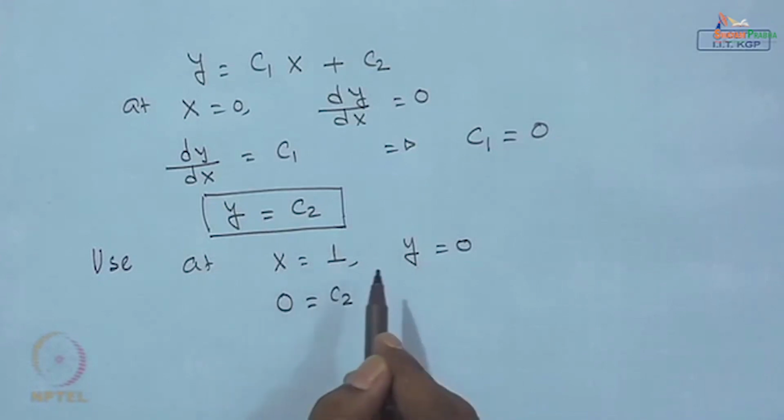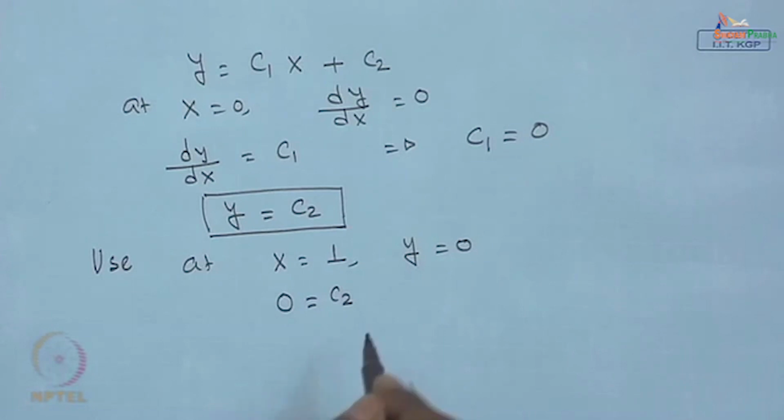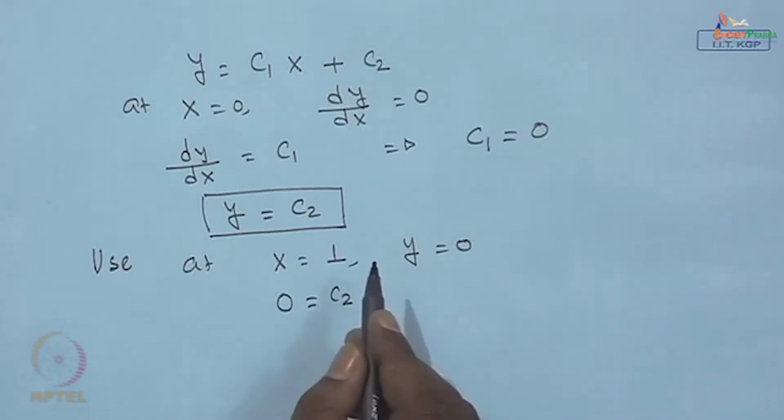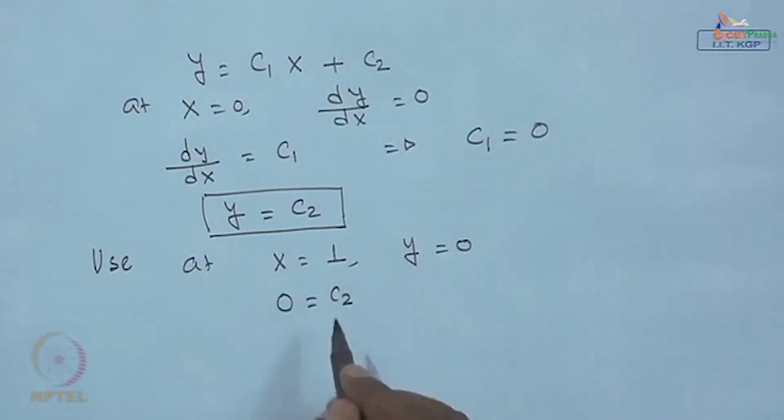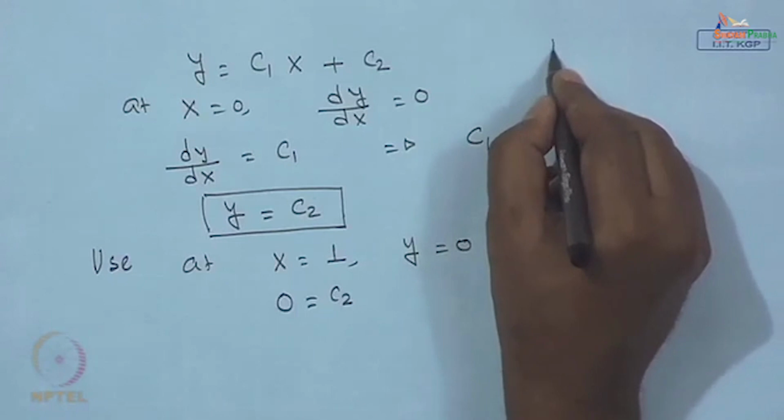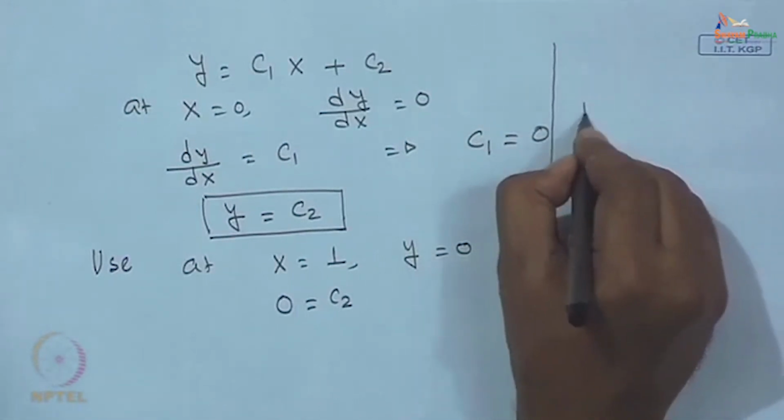If you remember what I have told in the last class, the differential equation must be valid throughout the whole control volume as well as on the boundaries, but the boundary conditions are valid only at the boundaries. So, let us note down this point and use it.